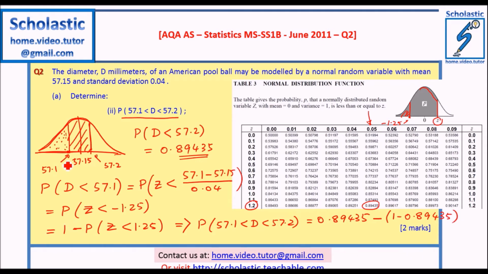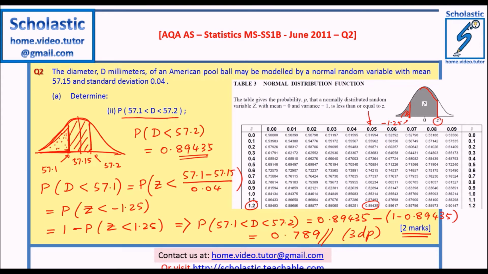This is the area from here, this area. Once you subtract the small area from the big area, you get the area in between. You can simplify this and find the value to be equal to 0.789 to 3 decimal places, which will be about 2 marks.